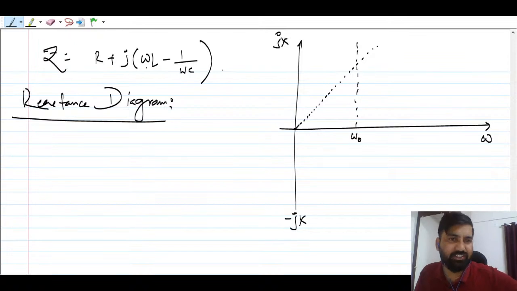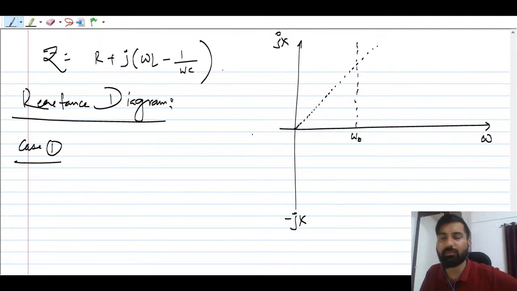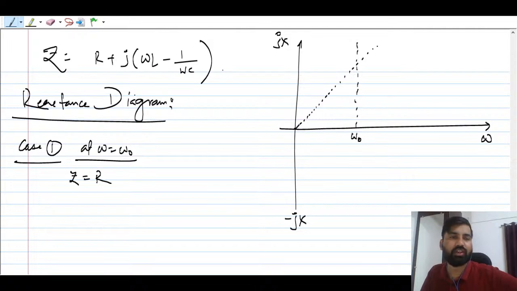So let me take some conditions in this case. Case number 1, before I draw the reactance diagram, is at omega equal to omega naught. At omega equal to omega naught, your Z becomes resistance. If you put omega equal to omega naught, the net reactance is going to be 0.